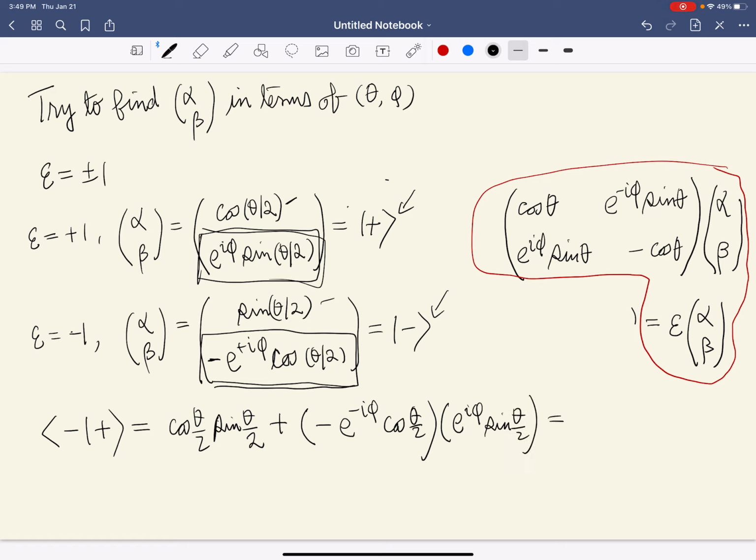Taking the multiplication through and finishing up the addition, we'll find a 0. Okay, and maybe it's also worthwhile to check that they are already properly normalized to unity. So yeah, I think this is it.